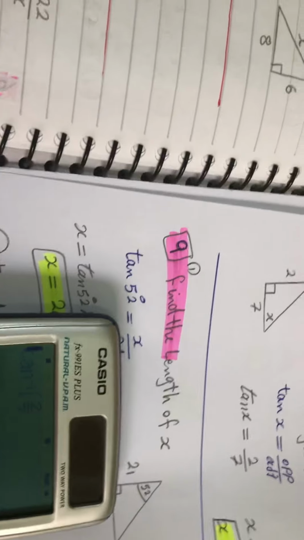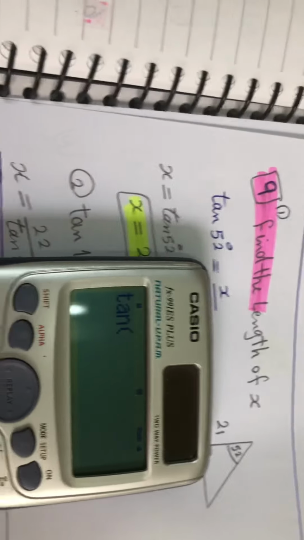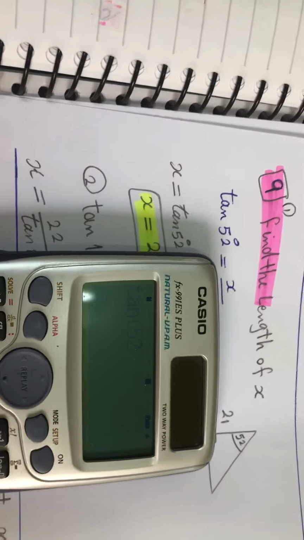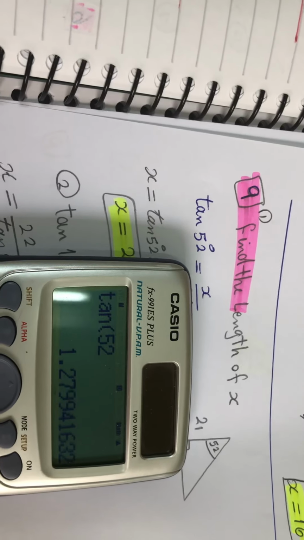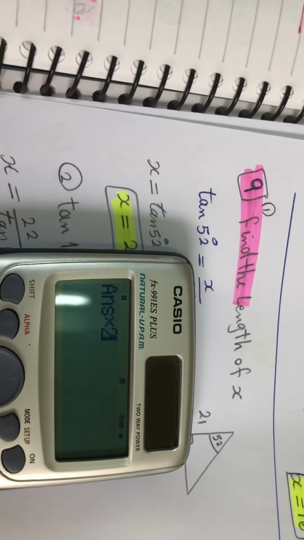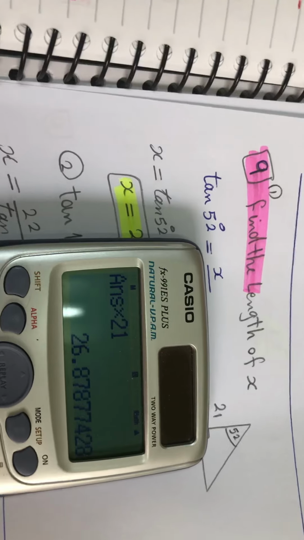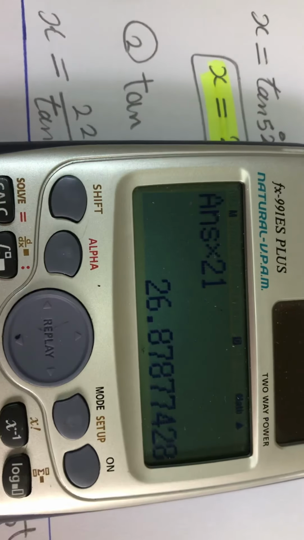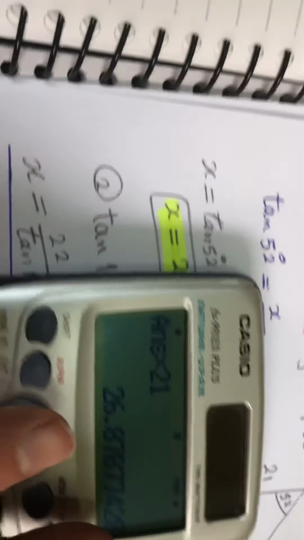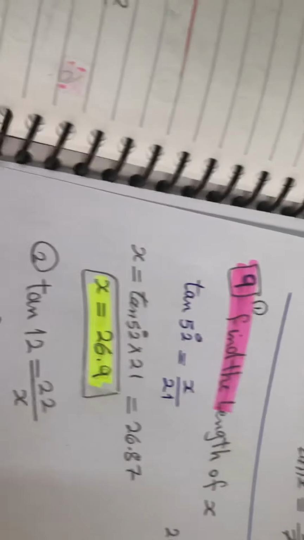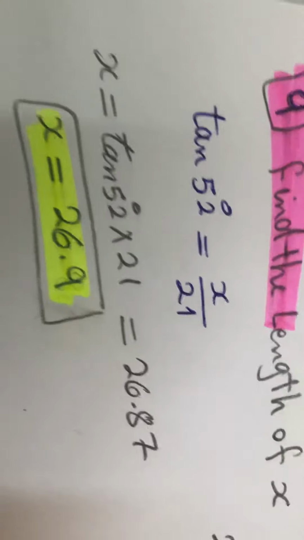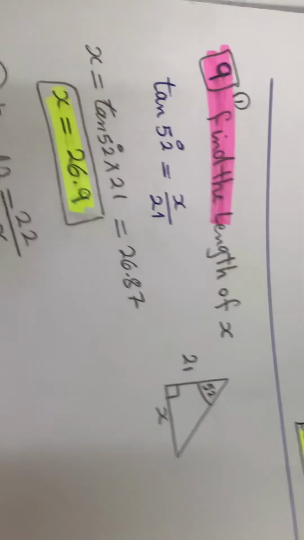How can I find it? Tan 52 equal, multiply 21. So it will be 26.878, so 26.9. This is the length of x.